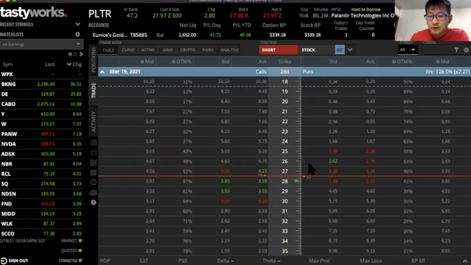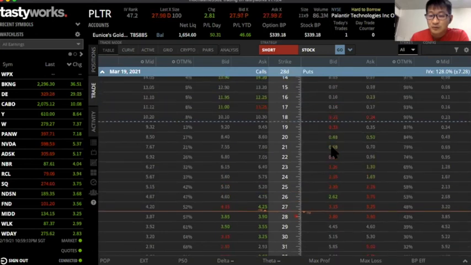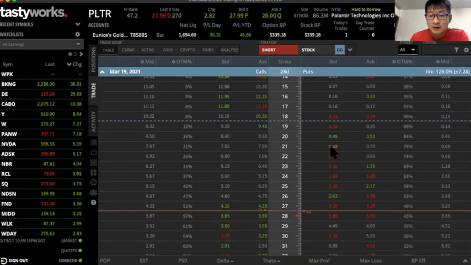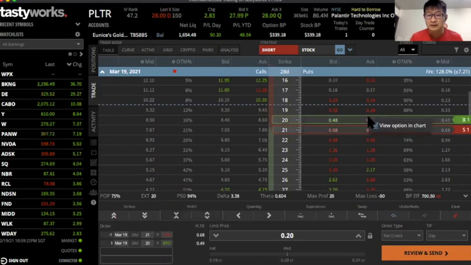Same thing as what we are looking at: we want to trade safely. So we're going out to the put 21, and click on the control key, select the second option, which is 20 and 21.